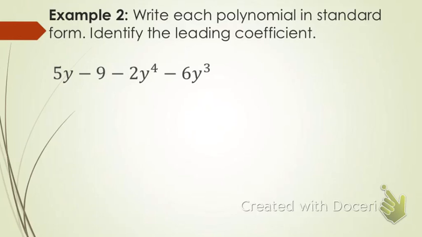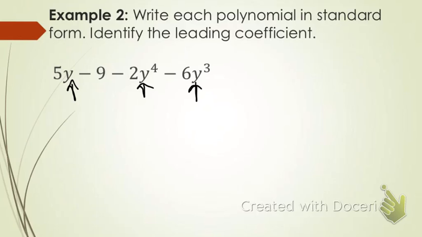Now you were also asked to write a polynomial in standard form. Well, what does standard form mean? Standard form basically means look at your problem and first identify what is the highest degree, as in which of these variables, and in this case we're talking about y, which of these terms that have y's has the highest power.